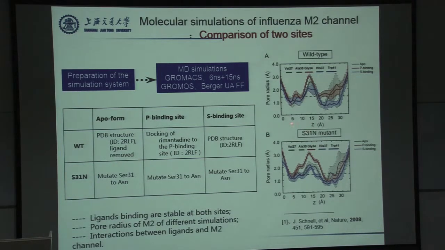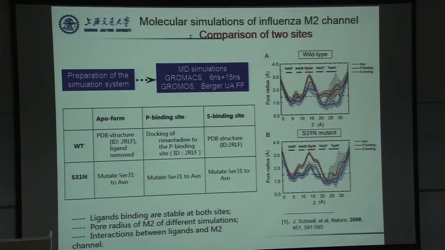And also there's an important mutation which is believed to be important for the drug resistance of this, well, it's an old drug. So it should be understood how it affects the pore distribution.